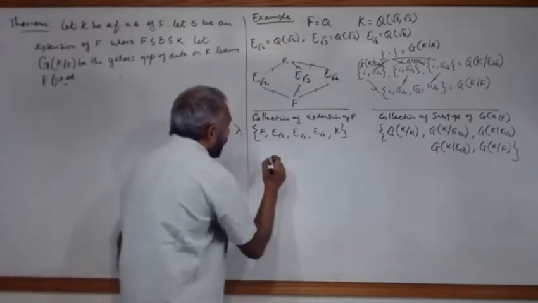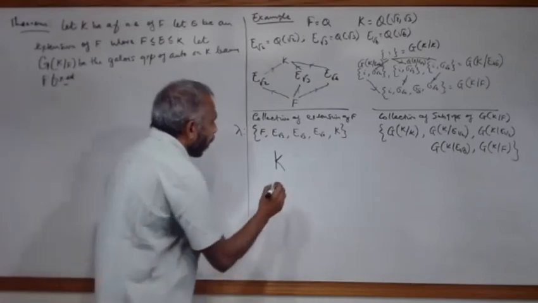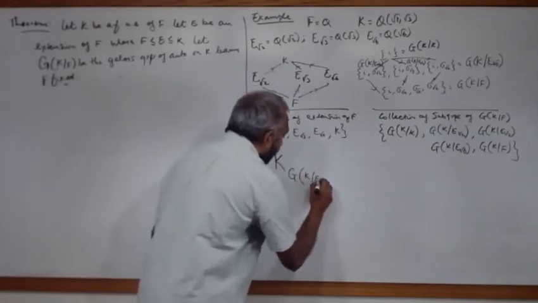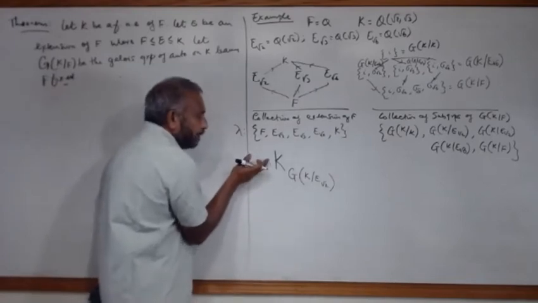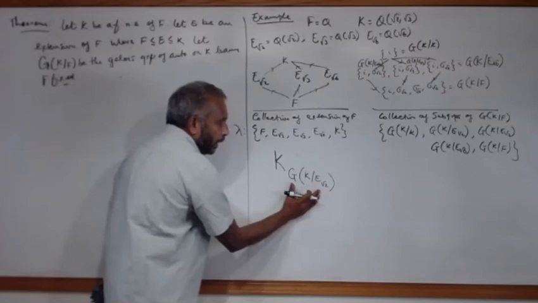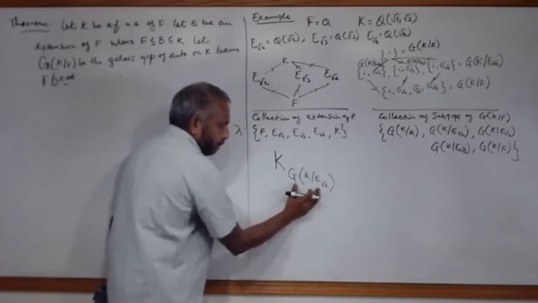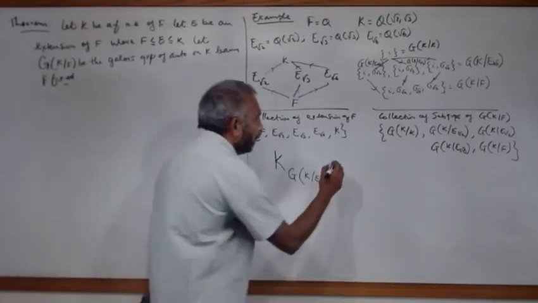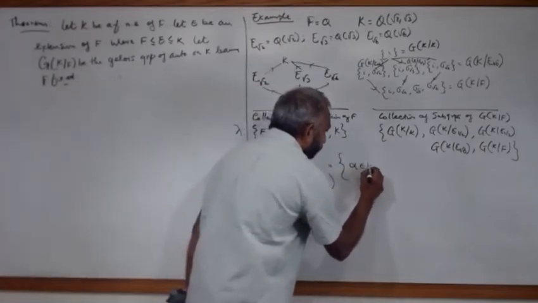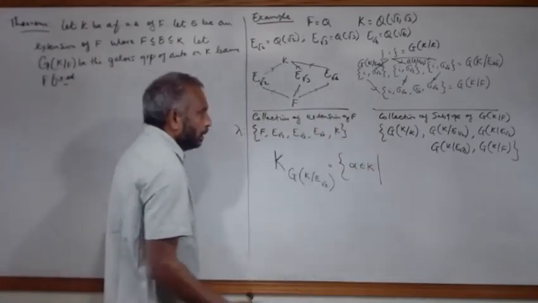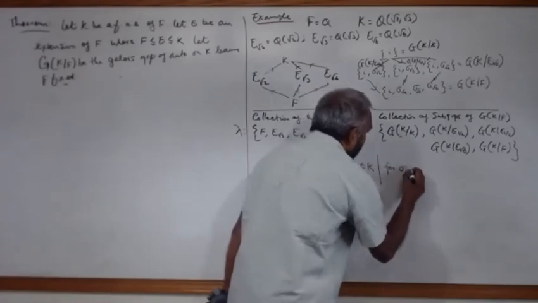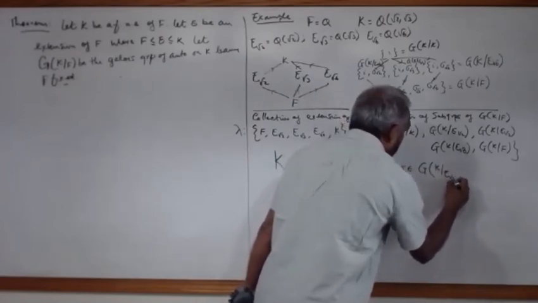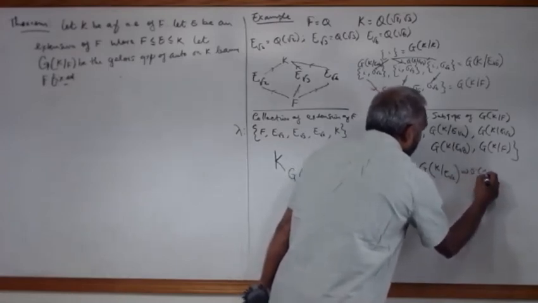See, if you take K over G of K over E root 2, this means the fixed field of the collection of automorphisms in this subgroup over K. So that is equal to elements alpha from K such that for sigma belongs to G of K over E root 2 implies sigma of alpha is equal to alpha.